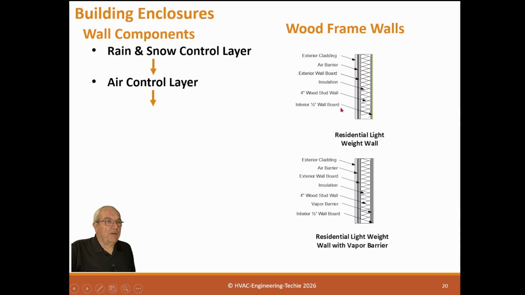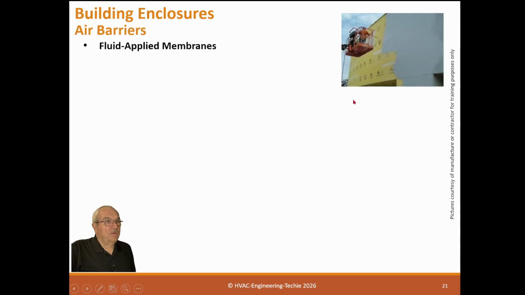That would put an air barrier right there, and a thermal control layer, which would be insulation on the inside of the wall. Normally it's batt on the inside of the wall, but it might actually be an external plastic insulation layer, especially if it's got stucco, it'll do that. It might have both. And it'll have a vapor layer. If it has a vapor layer, it might actually be on the inside of the wall, or it might be on the outside of the wall, either way. And we'll go through what those are.